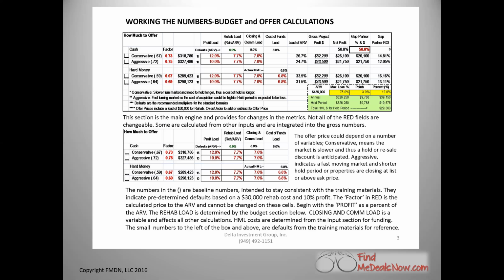What you'll also see in the parentheses here, under conservative, 67.72 and 59.64, those are numbers taken from a national promoter, and we try to stay within the scope of those numbers. But as you're going to find out, we typically work within a 72 to 75 on the ARV, not including any major repairs such as fire, water, empty pool, retaining wall, things of that nature, cracked foundation. Those would be additional to those striking numbers.